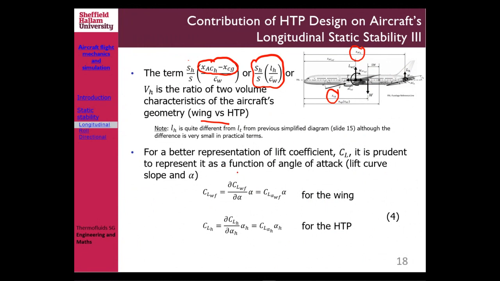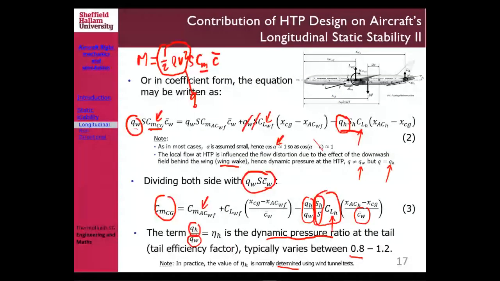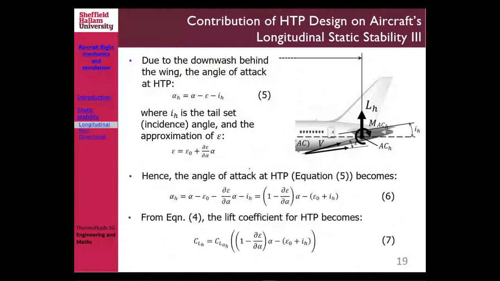Now, for a better representation of lift coefficient, sometimes CL is basically CL alpha times alpha. For the wing and fuselage, we could also do that, which is the CL alpha times alpha, right? And for the tail, we could also do the same. Now, if you go back to the complete equations before, the alpha of the horizontal tail plane is different from the alpha that happens on your wing due to the downwash there.